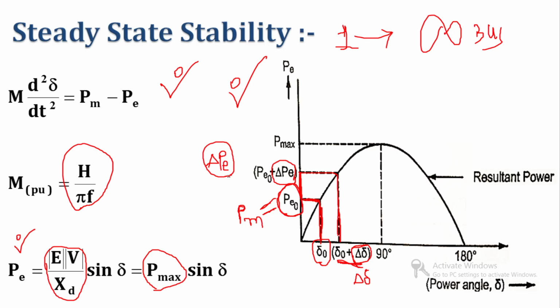So the initial operating point for the machine on this curve is Pe0, delta 0. With a change in electrical power, or change in demand or load, this stable point will shift from P0, delta 0 to P0 plus delta P, delta 0 plus delta delta. Clear? So this is the work of the power angle curve.